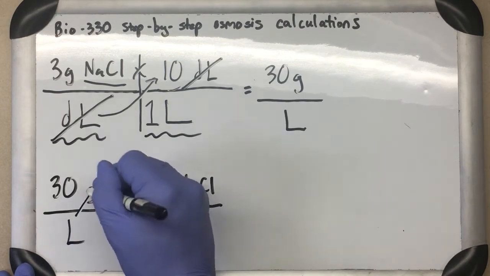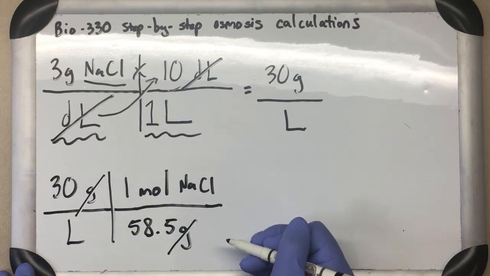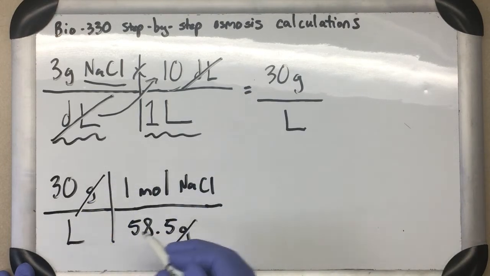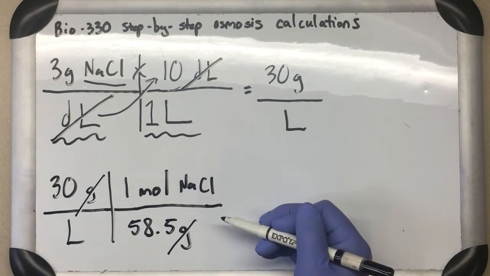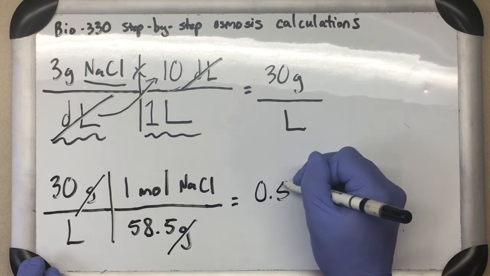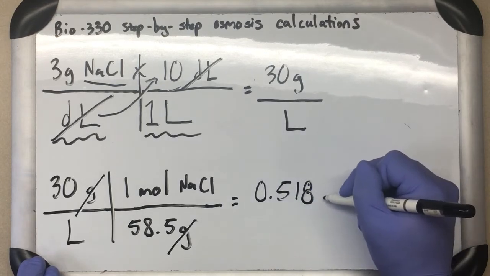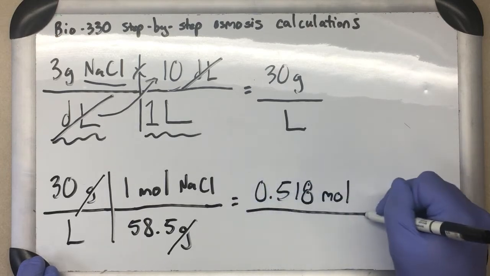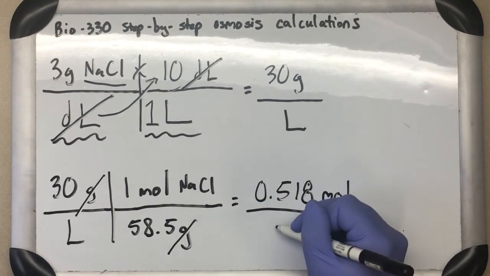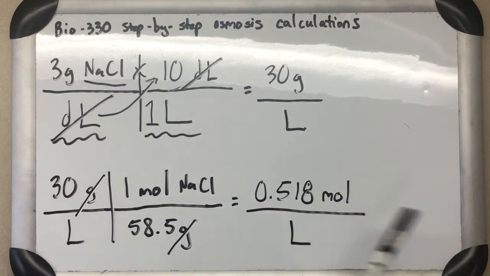See how every time you cross one out like this, you can change your conversion. So in this case, we have moles over liters. So doing the math here, we're going to find 0.518 moles per liter.